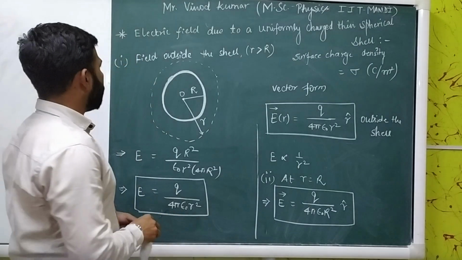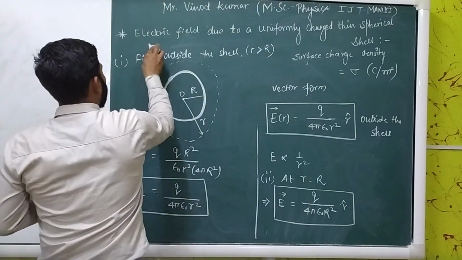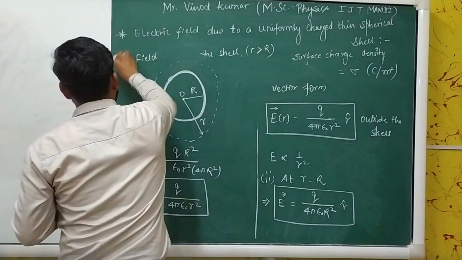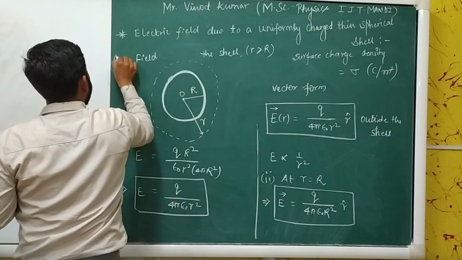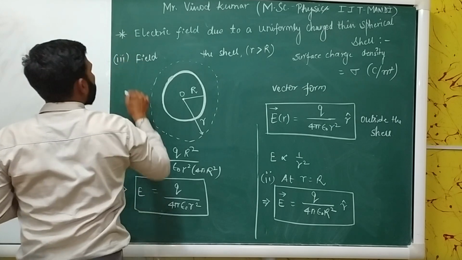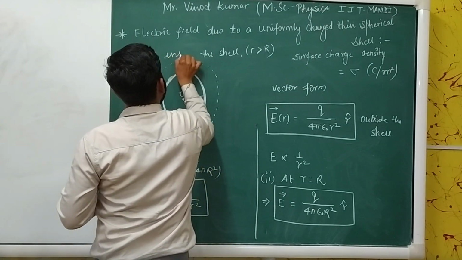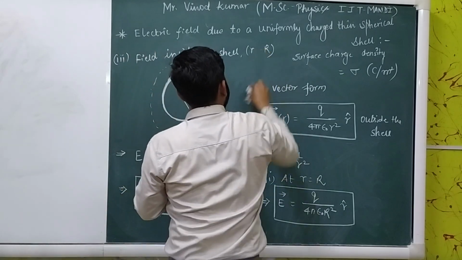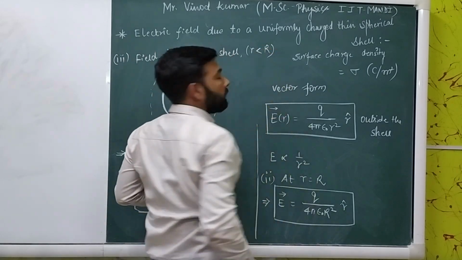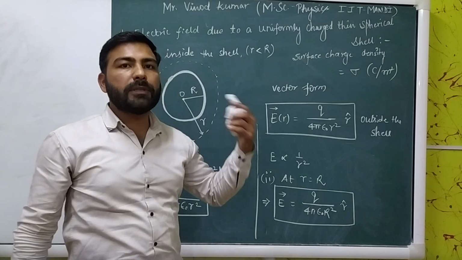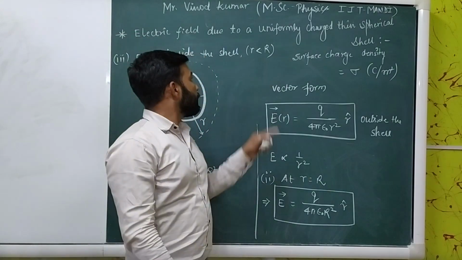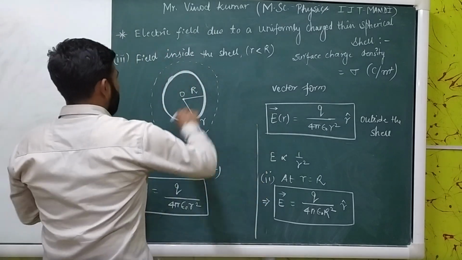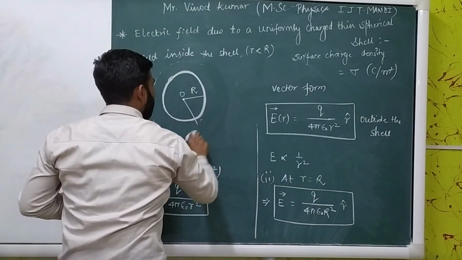Now the third case which we are taking here is the field inside the cell. In this case, the radius of the Gaussian surface which we are going to assume should be less than the radius of the spherical cell. This time we are not going to take the outer surface.